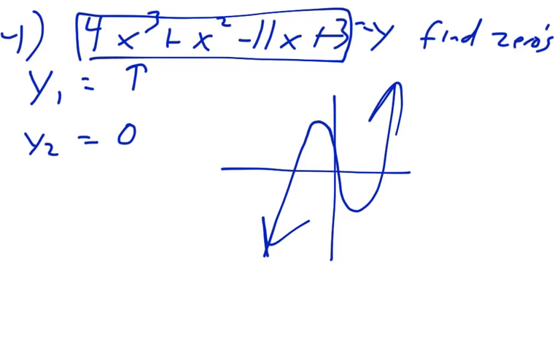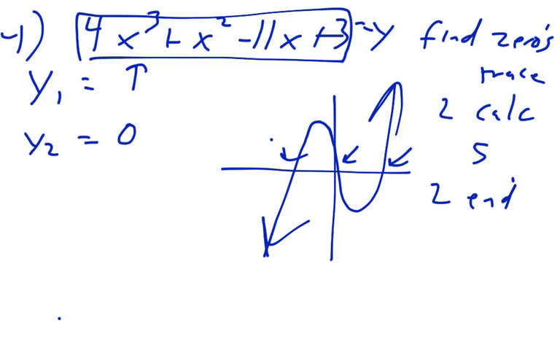So we want to find the intersection right here, and right here. In order to do that, you're going to go to second calculate, or second trace, and then underneath that's 5, and then for the first curve and the second curve you just hit enter, so you hit enter twice.